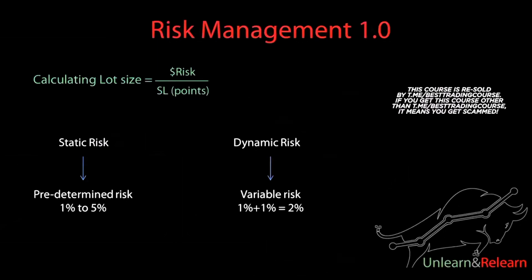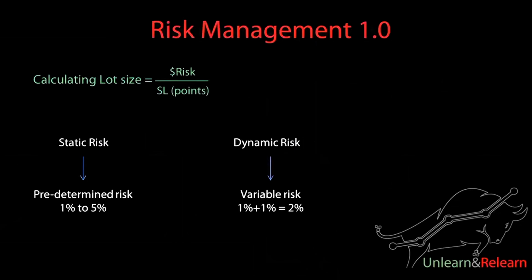Now, someone who's a little bit advanced or has more experience might say, I'm going to use dynamic risk. Dynamic risk comes in when you're really breaking down your risk. Let's say you're going to use 2% risk, but you break that 2% down into two 1% positions.